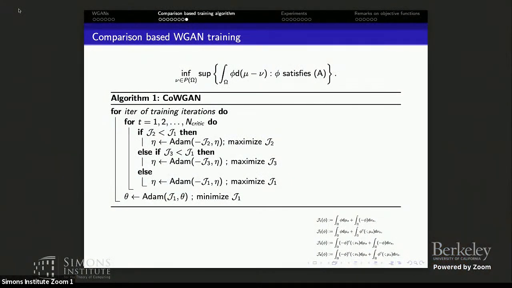In theory, the term here is the Wasserstein distance between mu and nu. So in fact, if nu is mu, then it is 0. But since it is parameterized by a neural network, so yeah.